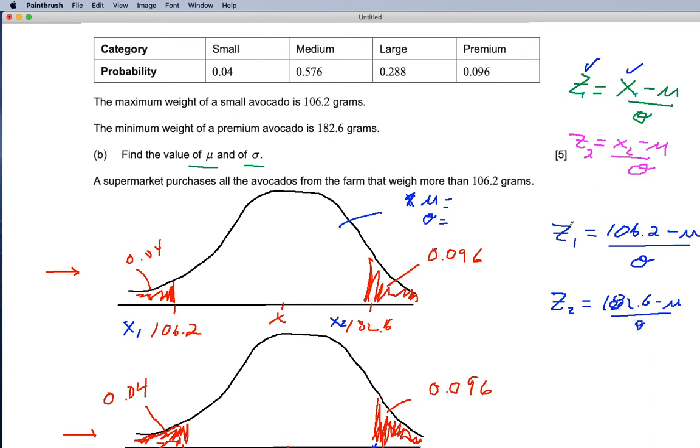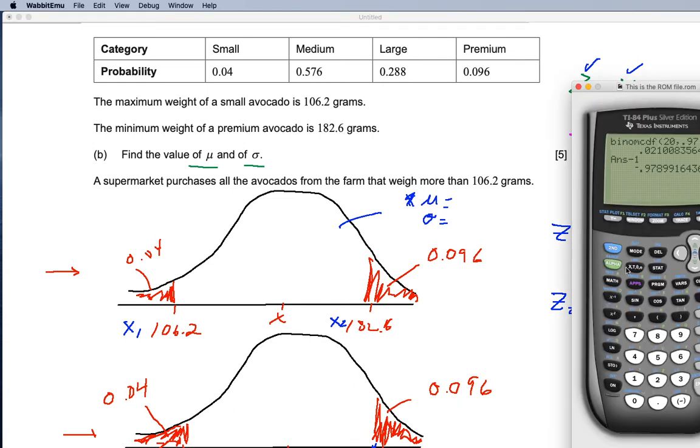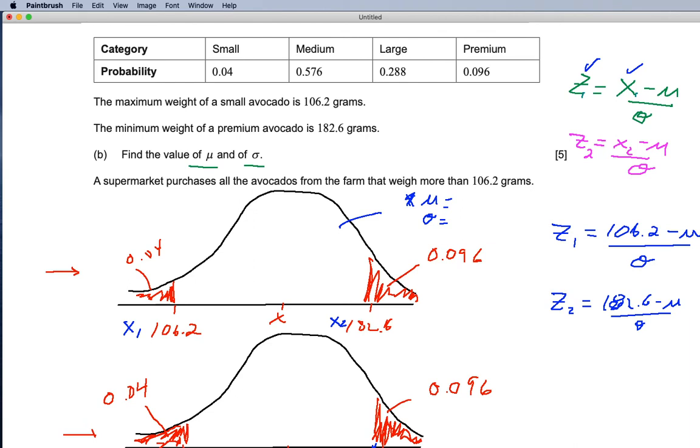Okay. Now I need to find these z1 and z2 values, and it's quite simple. We're going to take out our calculator, and what we're going to do is use our distribution section. So second distribution, and anytime you're trying to find the data value along one of these lines in your normal distribution curves, that's called the k value.